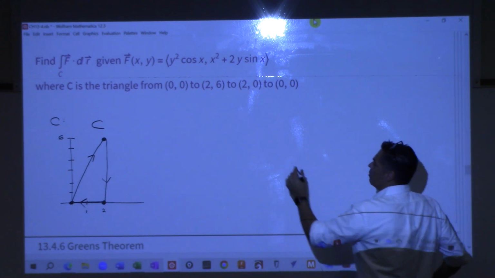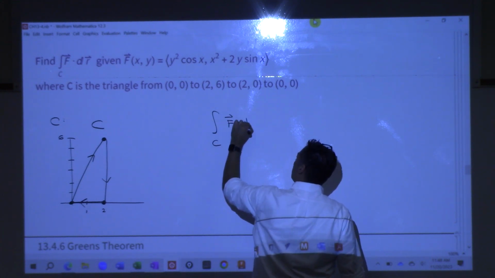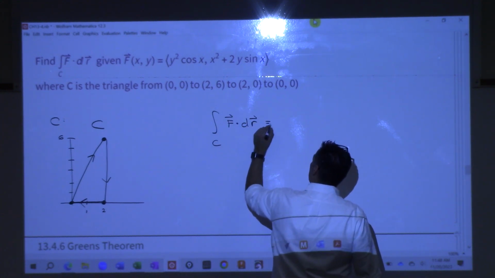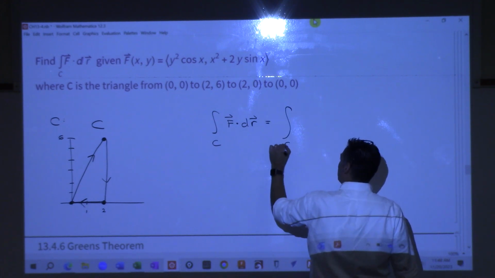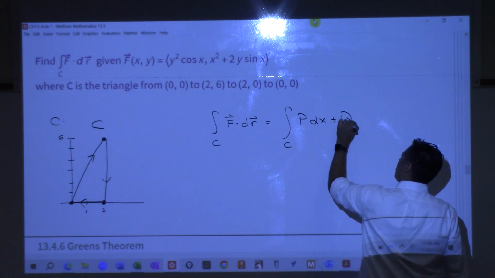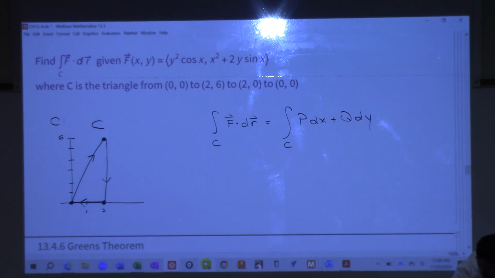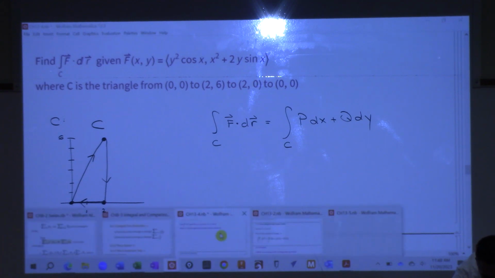So there's another way I could write this work integral, and this is what I started class with. I said that can be rewritten as the line integral over C of P dx plus Q dy, right? I said that by showing you the notes from the other day.